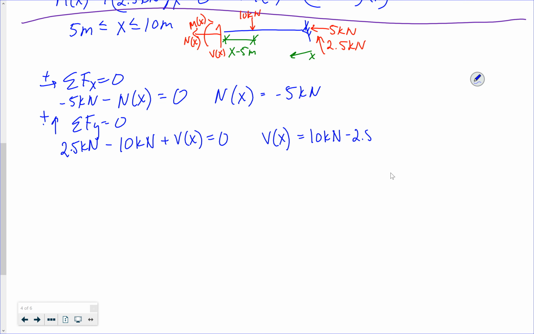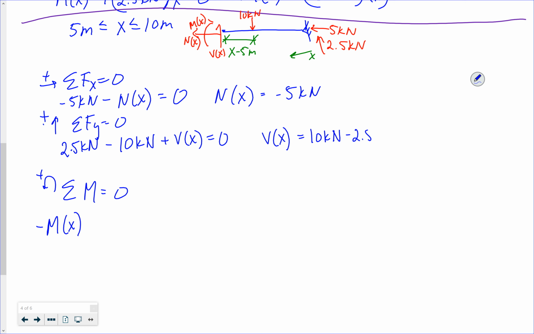So if I take the sum of the moments about where I cut my section, I've got my moment at x acting counterclockwise.